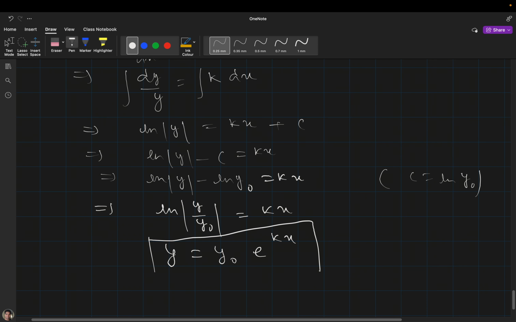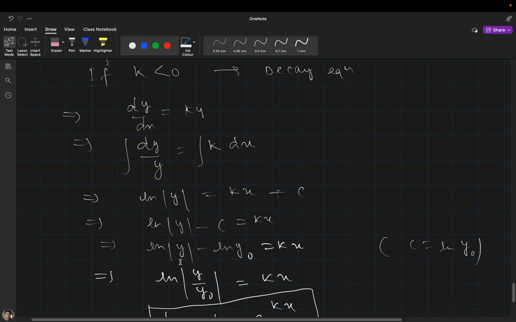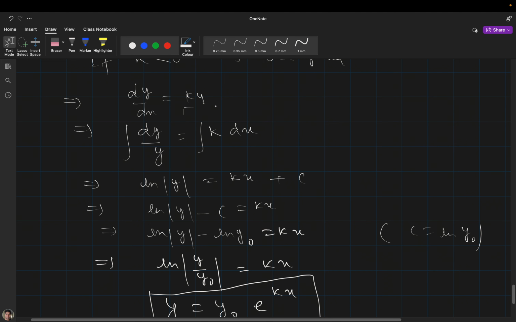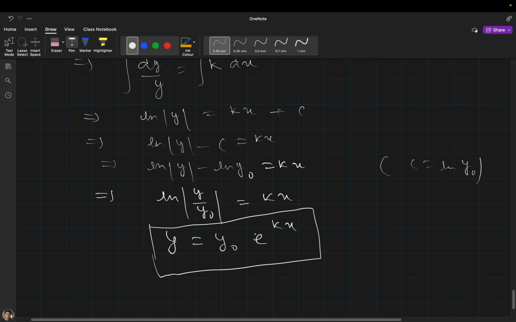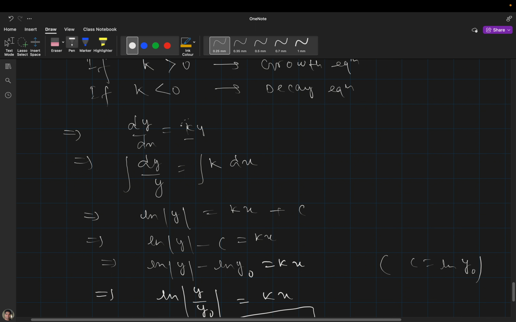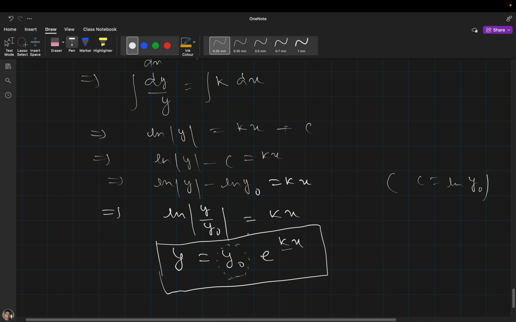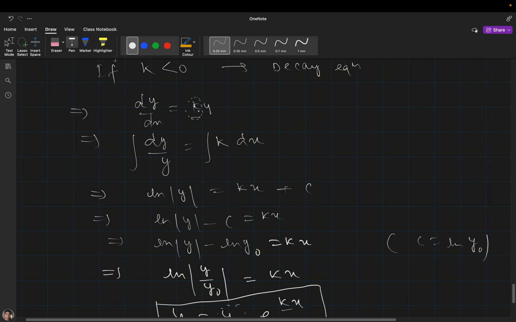This is the solution of this differential equation. You can see that you have one arbitrary constant. Here the constant is actually y naught only, because k is already known. Here the constant is y naught, that's why you are getting a first order differential equation.